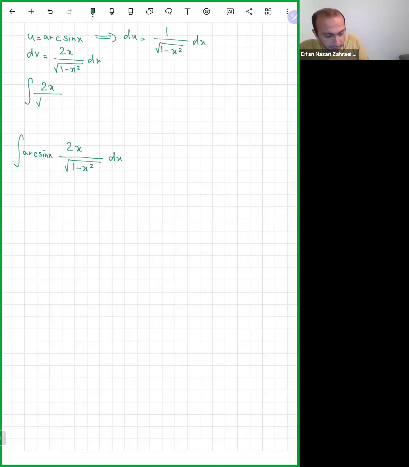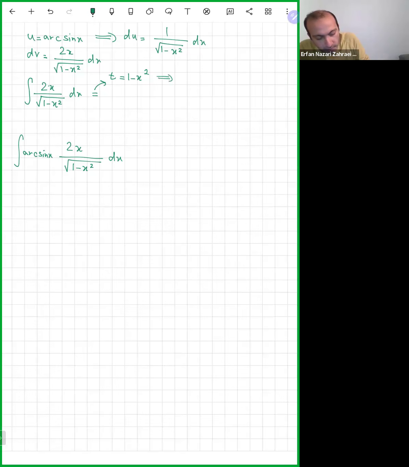Antiderivative of 2x over root 1 minus x squared. What is it? If I do a substitution, t equals, as I mentioned, 1 minus x squared. Why I don't call it u? Because I already have u here and I don't want to use the same letter more than once in one computation. So I use another letter, t, or if you like, w.